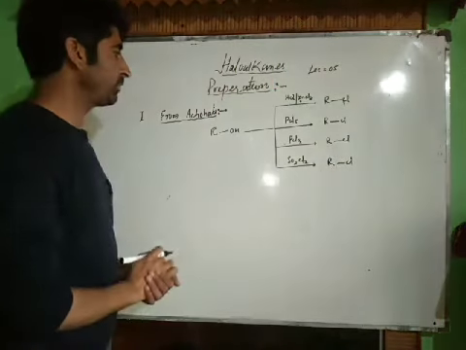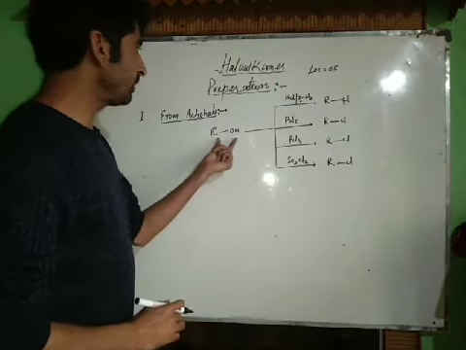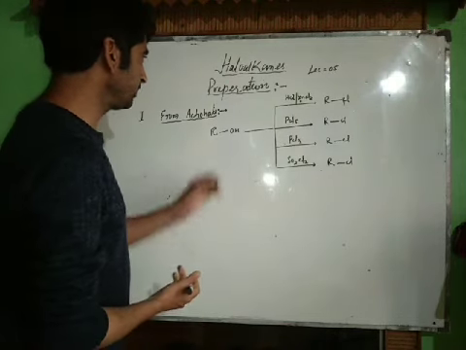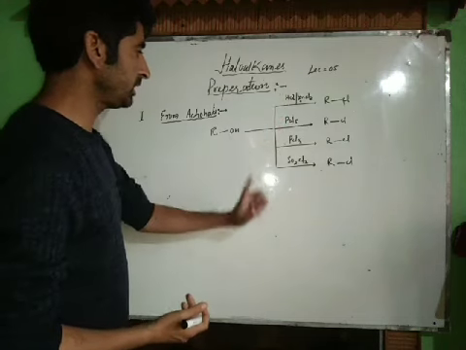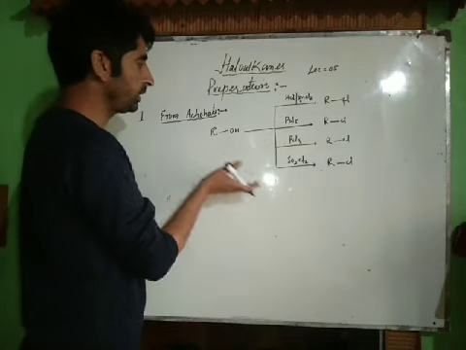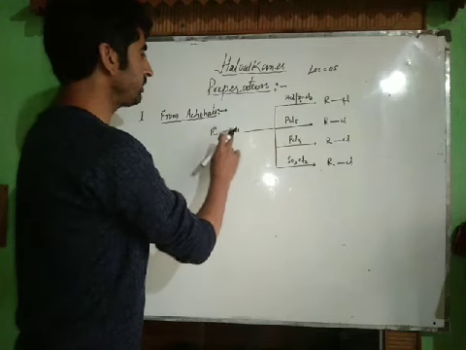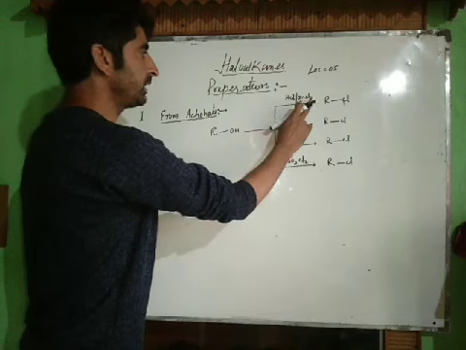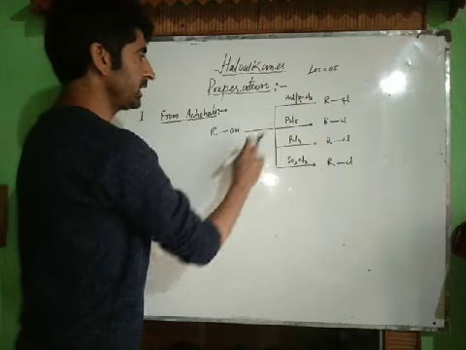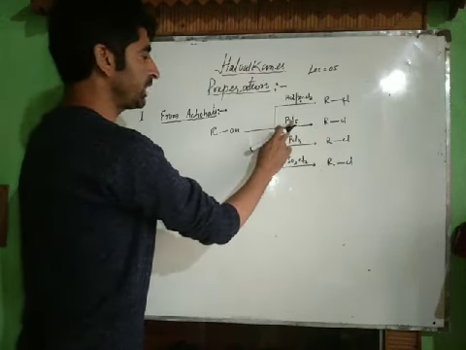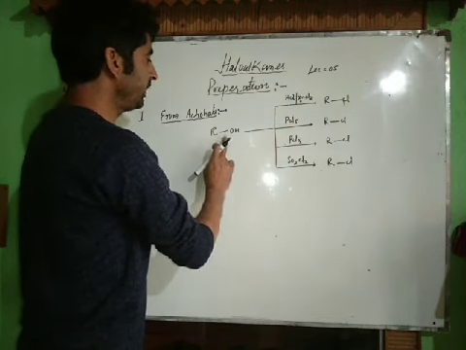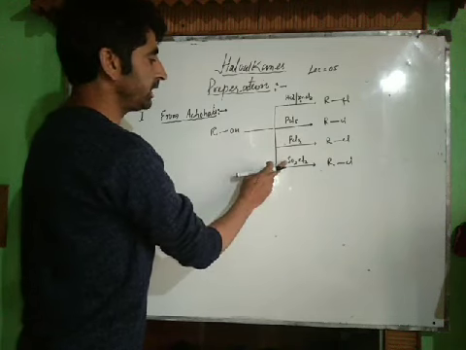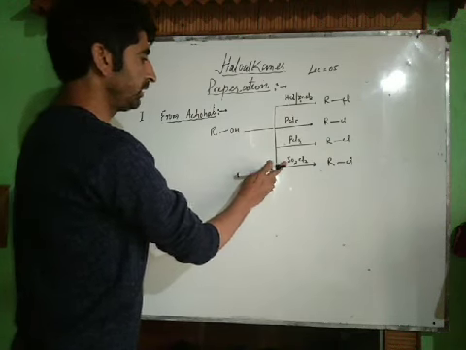Now let us understand the mechanism of the reaction of alcohols with HCl and zinc chloride. These are the methods by which we can get haloalkanes from alcohols: either by treating with HCl and zinc chloride, which is called Lucas reagent, or by treating with PCl5, phosphorus pentachloride, or with PCl3, phosphorus trichloride, or with SOCl2, thionyl chloride.